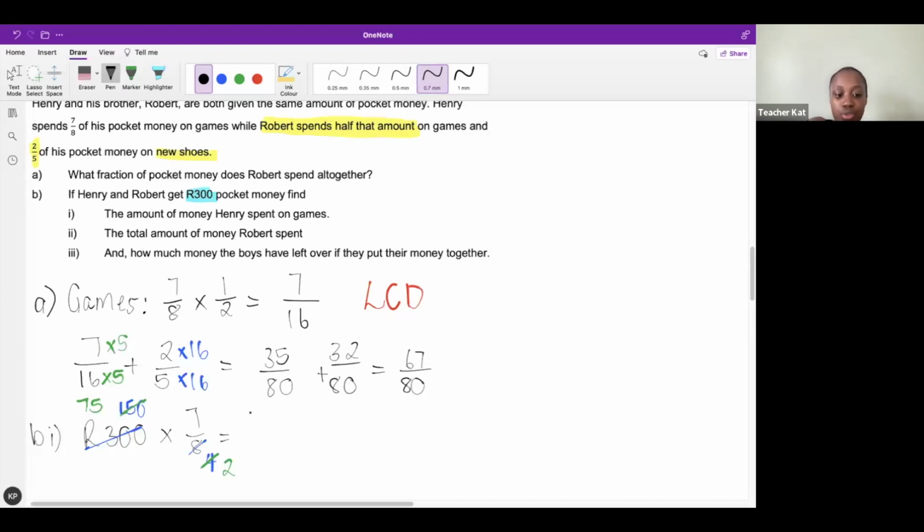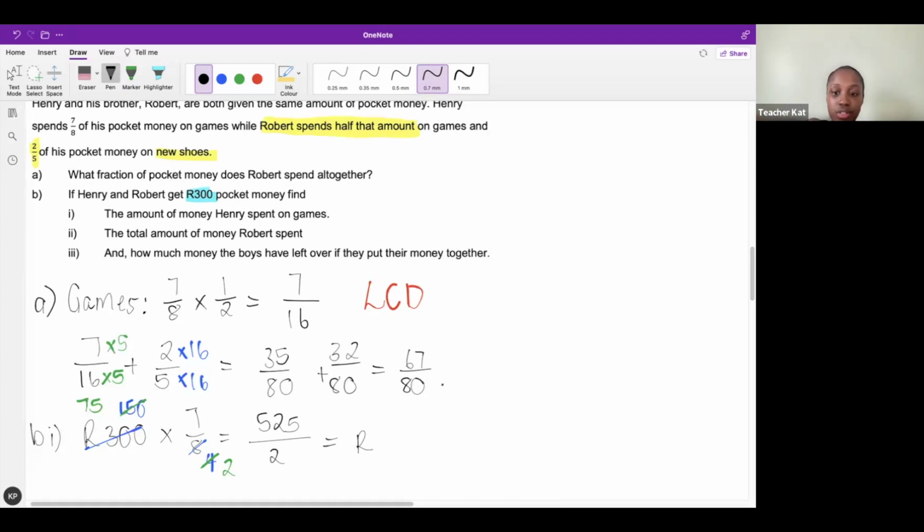525 divided by 2. Remember, we still have a 2 in the denominator. So how much does he spend? 525 divided by 2. You can use your calculator, guys.